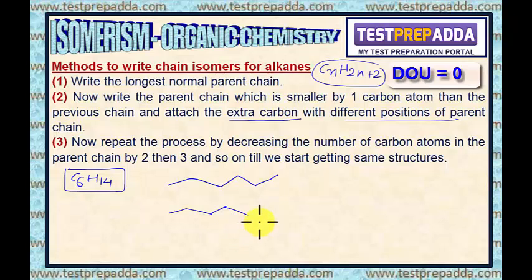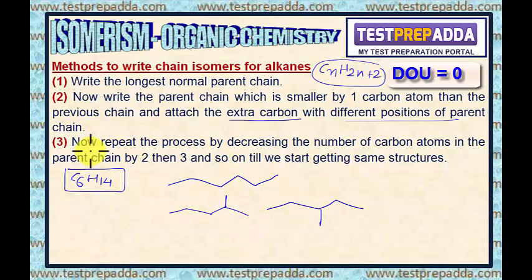So if I put that carbon here, you will get the previous case only. We can write here. Now if I write here, it will be the same case as this. So we will not repeat the case.